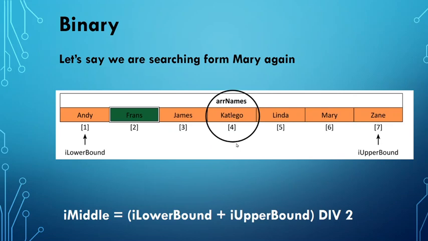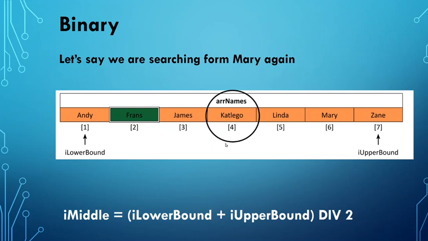If you don't know what I mean by ordinal type, you must look that up again, because you should know what that means. So it has to be an integer, and we find the middle by adding these two up and dividing by 2.